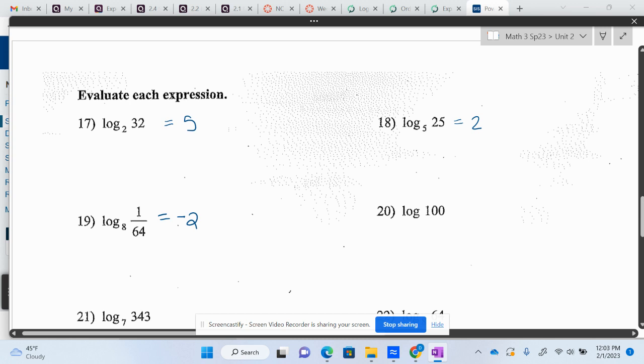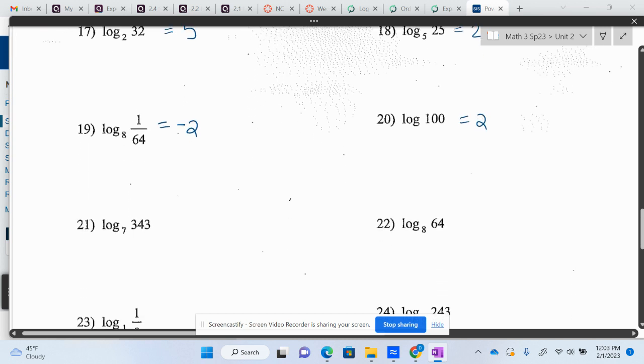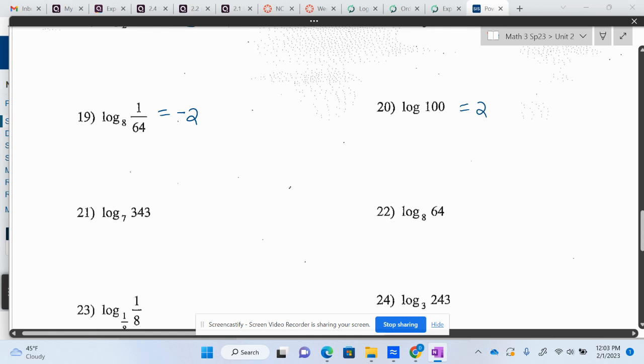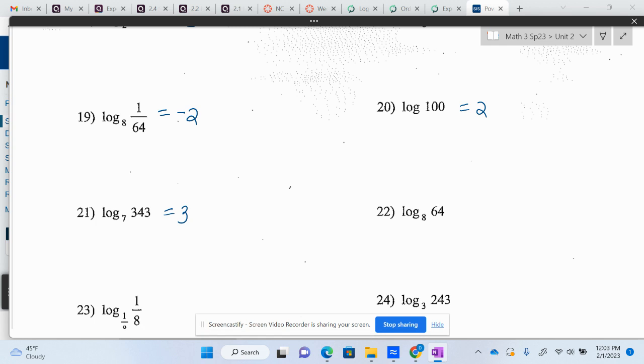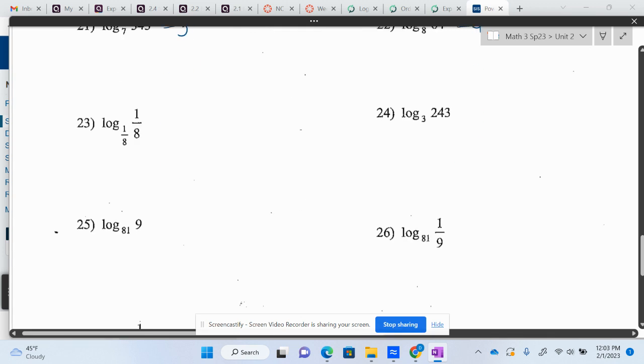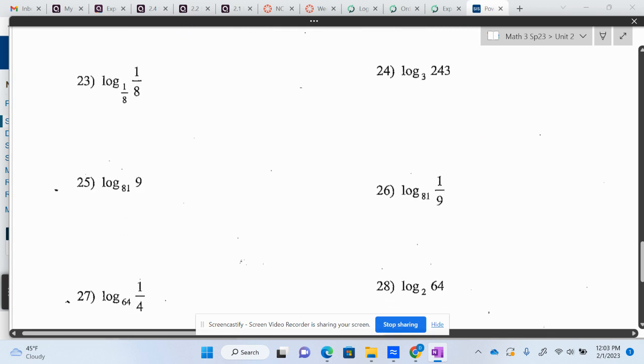Log 100. 2. Good job, you guys. Log base 7 of 343. So 7 to what power is 343? 3. 8 to what power is 64? 2. Okay, I'm going to let you guys do 23 through 28.